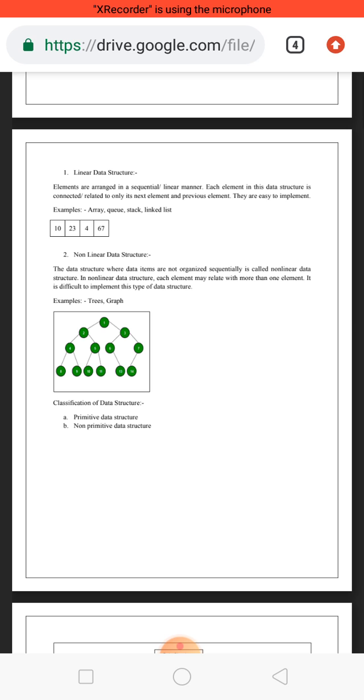Suppose you need to store values entered by the user in a tree in such a way that the left side will store the values which are less than the first element, and on the right side you are going to store values which are greater than the first element.